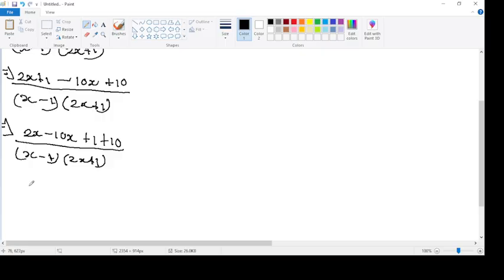It becomes negative, because the bigger number is being subtracted from the lower number, so the answer is always negative. So 2x minus 10x gives negative 8x. What is 1 plus 10? That's 11, over, don't forget our denominator, x minus 1 times 2x plus 1.